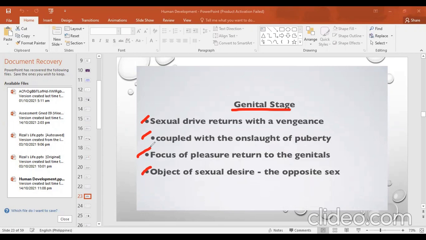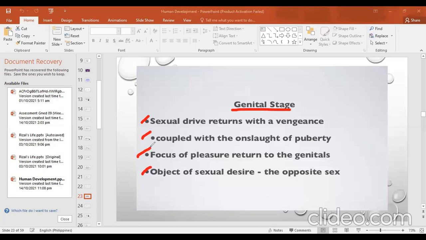Okay? Pero kung yun sa phallic stage, andun yung sexual desire natin sa parents natin. It has something to do with the theory of Sigmund Freud. Okay, dun sa phallic stage ay dun sa parents natin. Now, magta-turn naman yung from parents into the opposite sex. Okay?